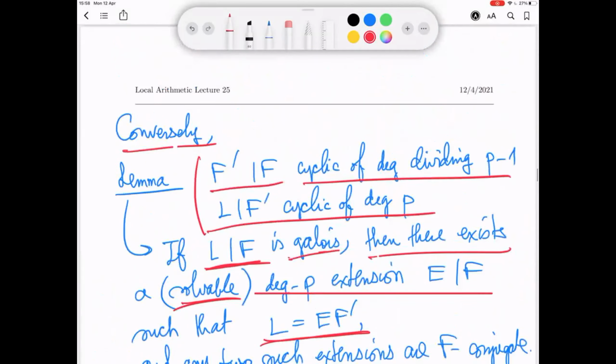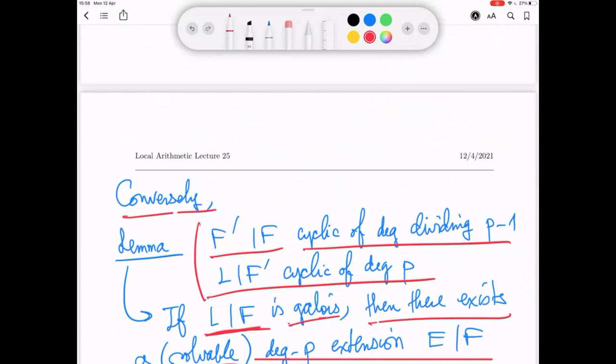So first, from a solvable extension of F, we arrived at a pair F prime and L.